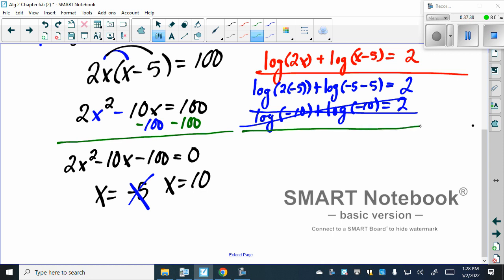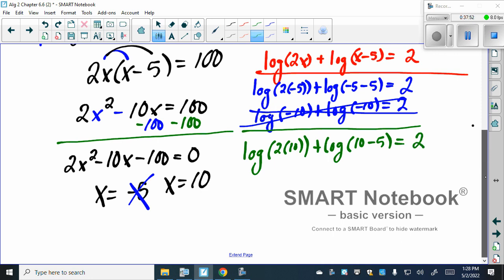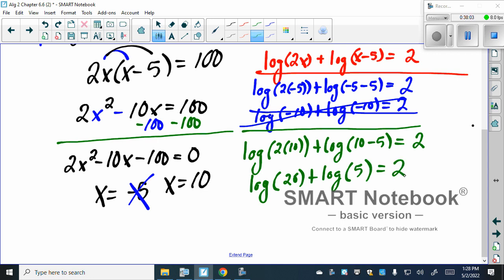Now, if we had tried this with 10, we'd have log of 2 times 10 plus log of 10 minus 5 is equal to 2. Well, 2 times 10 is 20, and 10 minus 5 is 5. So we have log of 20 plus log of 5. 20 and 5 are both positive numbers, and they're not 0, so that works for us.